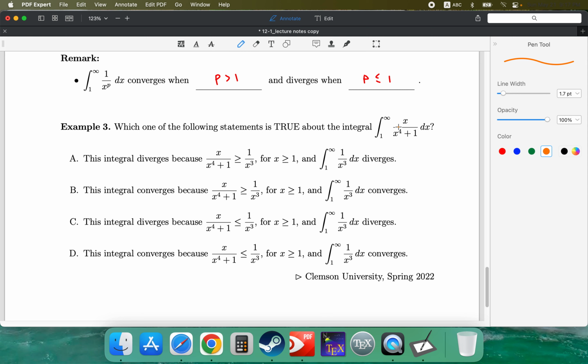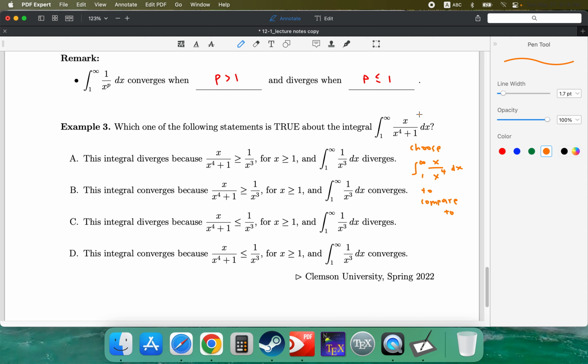So x over x to the fourth plus 1, when x is large, behaves like x over x to the fourth. So that's why I want to choose the integral of x over x to the fourth from 1 to infinity to compare to. Does that make sense? Because the plus 1 really doesn't matter.